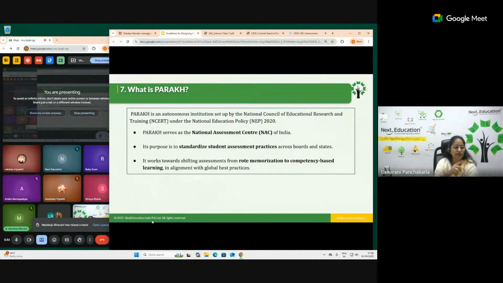Then you'll get a clear picture. It will give you school, plus district, plus zonal, plus state level, plus national level. This way you can find out which state is ahead. For example, when you take the PARAKH report, Punjab is standing first with respect to the competencies, and I'll be showing some of the slides here.